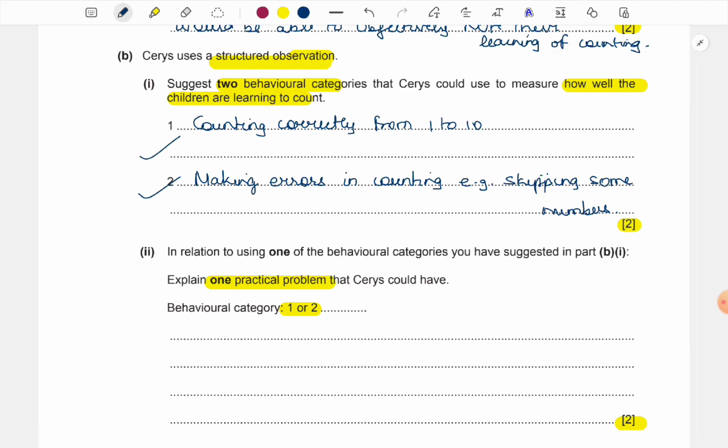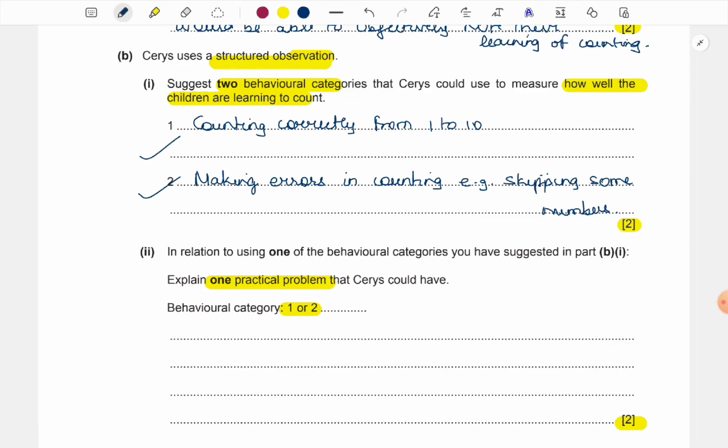So that to me seems the most obvious difficulty, that not all of the children are going to count aloud. And why some of the children might not count out aloud is that they might be shy. Some children are hesitant to speak in front of the teacher, or maybe some of them don't get a turn while talking, like the teacher is just asking a few of them, not all of them, so everyone's turn doesn't come when you're observing. These are practical difficulties.